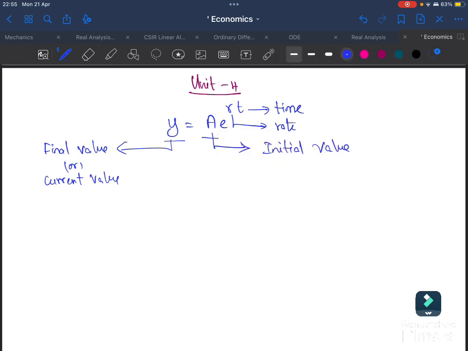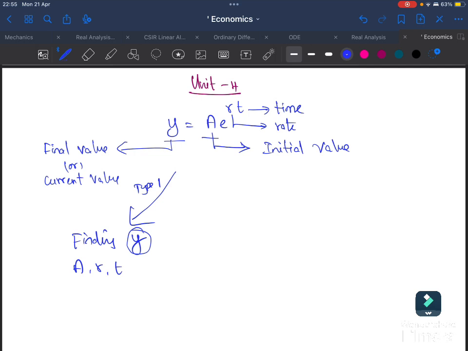Now based on this formula, we have three types. The first type, type 1, is finding the value of y. That means they will give you the value of a, the value of r, and the value of t, and you need to find the value of y.